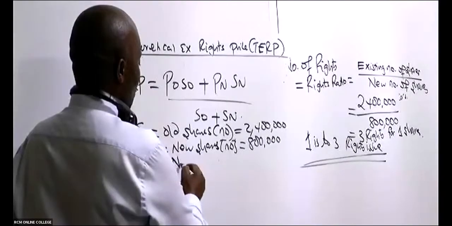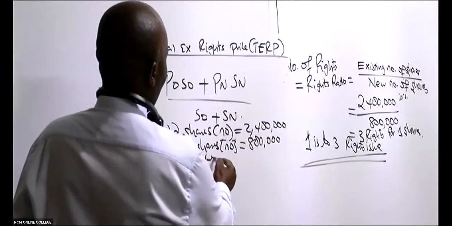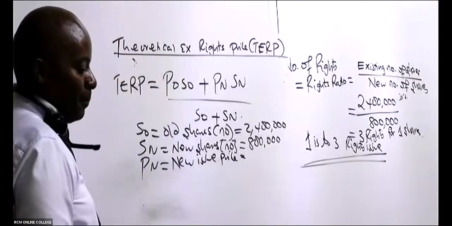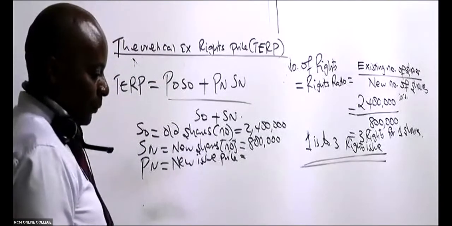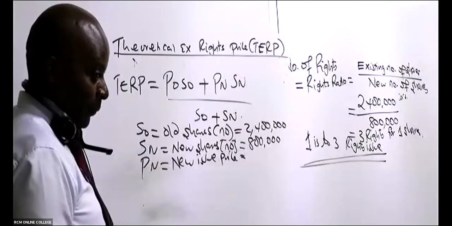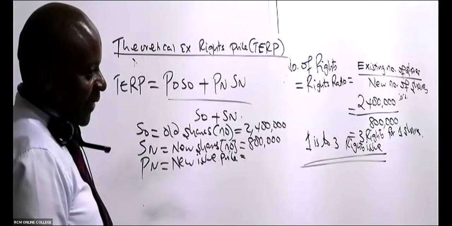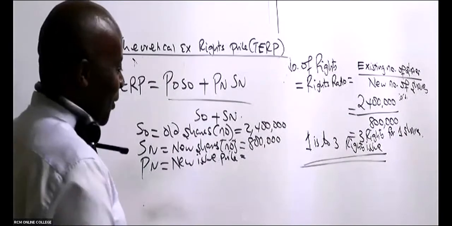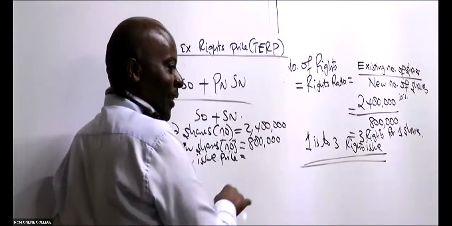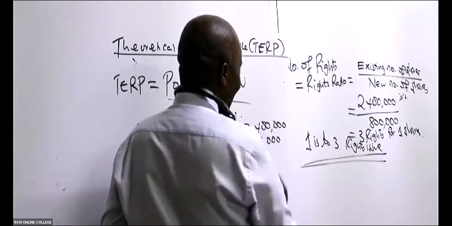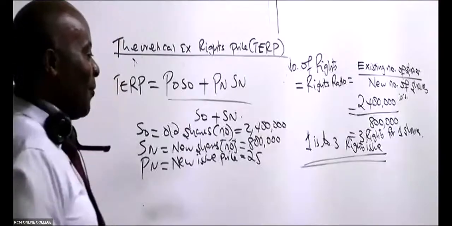PN, the new issue price. Do you remember the new issue price? Remember the issue price is the rights issue, the lower one, 25. Yeah, sorry for that, 25.